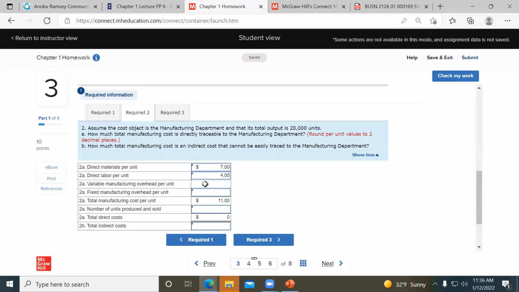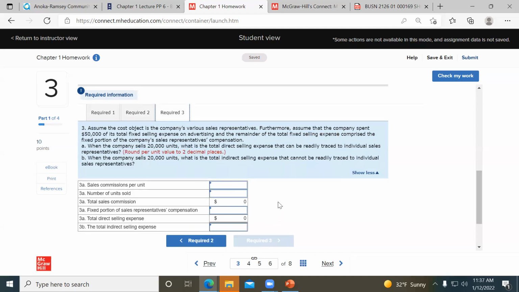The variable manufacturing overhead per unit, 1.50. The fixed manufacturing overhead per unit was 5. Same figures as last time. So our total cost per unit is $17.50. Times 20,000 units, we have 350,000 of direct costs, 0 in indirect costs. Okay? Does it make sense?